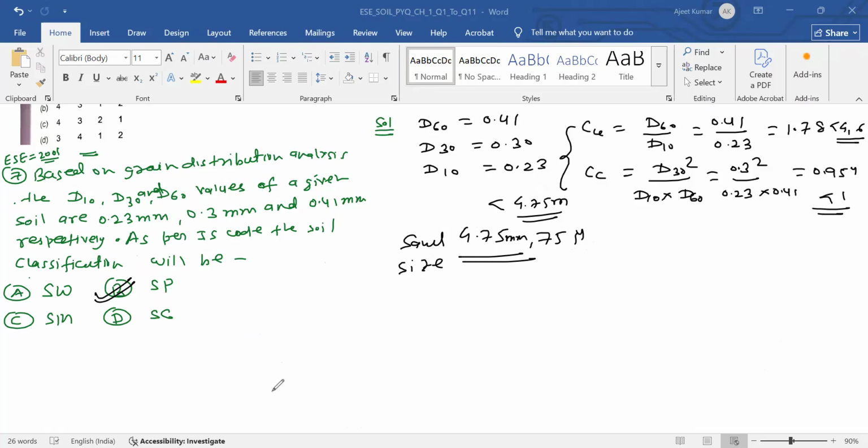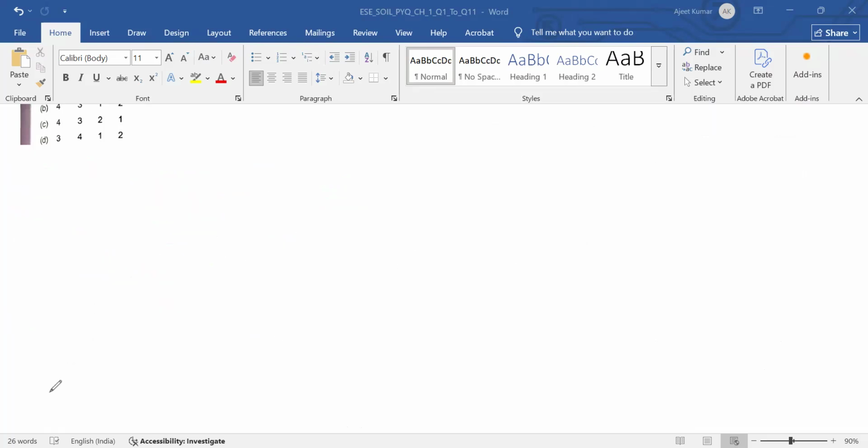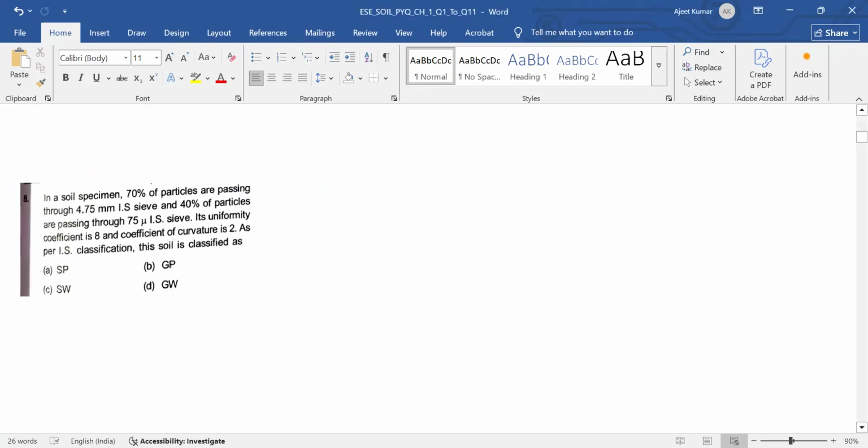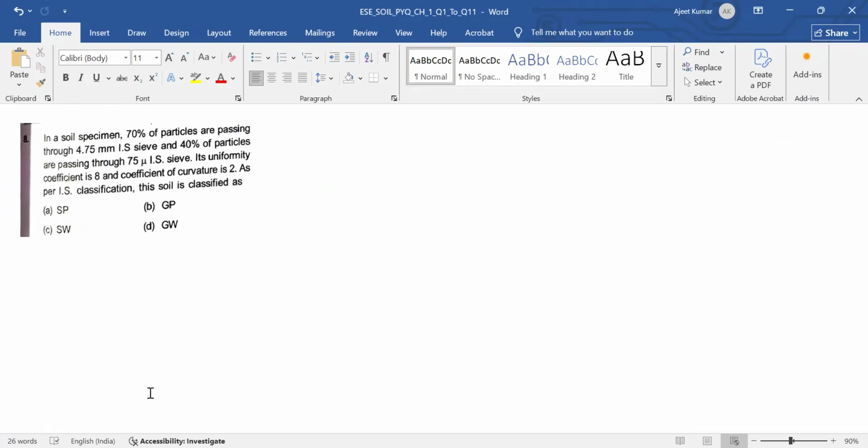Now we will discuss question number 8. So what is question number 8? Question 8 says, in a soil specimen, 70% of particles are passing through 4.75 mm IS sieve, and 40% of particles pass through 75 micron IS sieve, and its uniformity coefficient Cu is equal to 8, that is greater than 6.